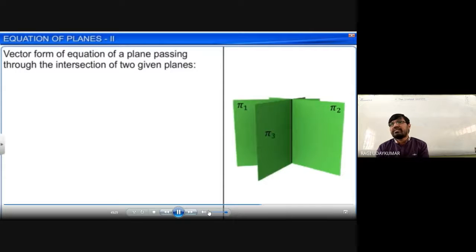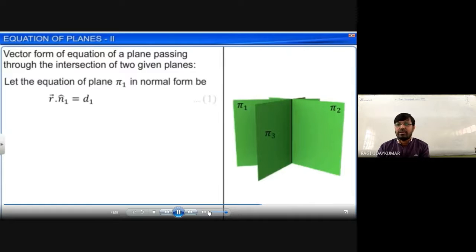Let us consider the given planes in vector form. The first plane is R bar dot n1 cap is equal to d1, and the second plane is R bar dot n2 cap is equal to d2.